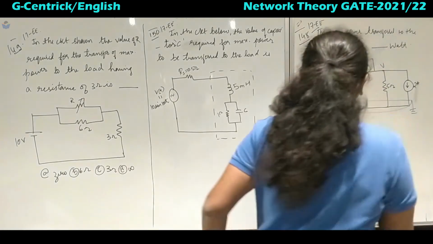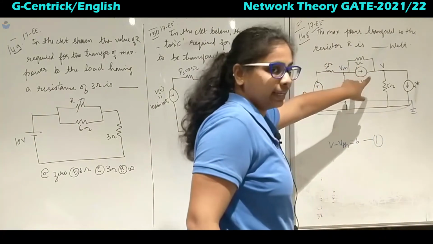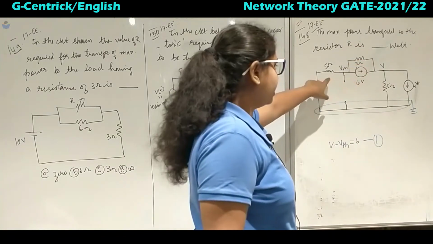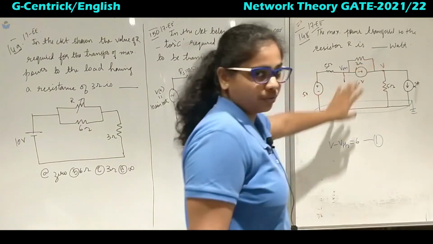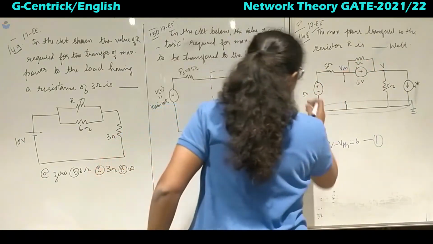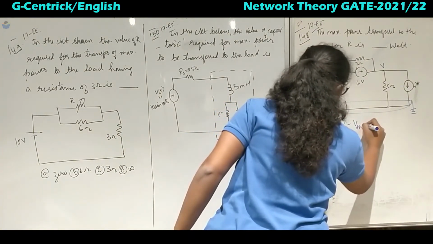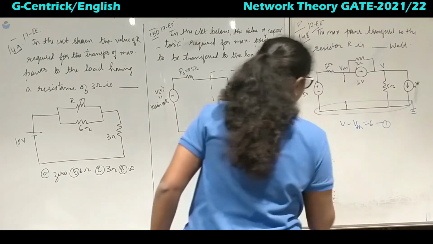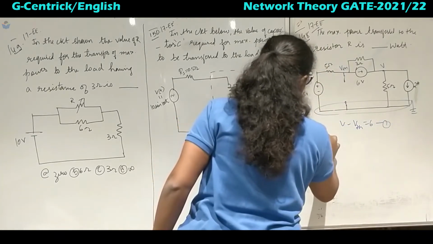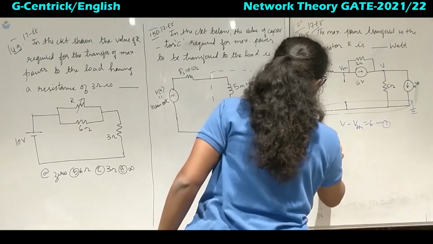Next, what do we have? We have to write the equation simultaneously, including the VTH and V nodes. Okay, so this is VTH. V minus VTH equal to 6 volts, this is equation 1. So here you will get (VTH minus 5) divided by 5.